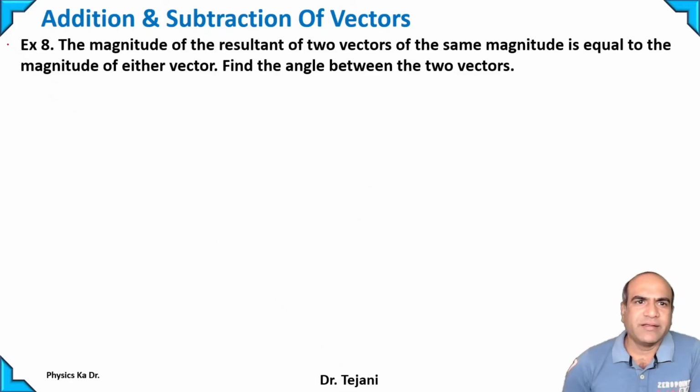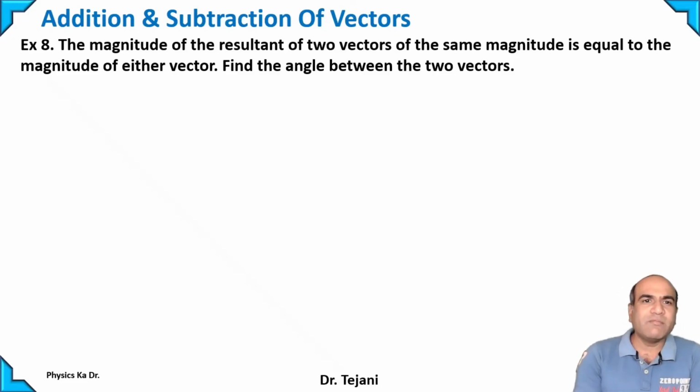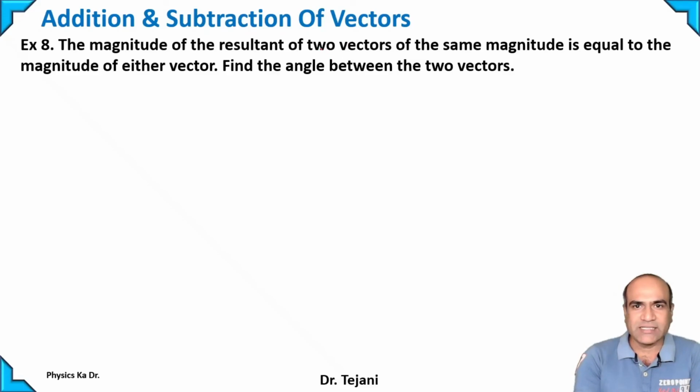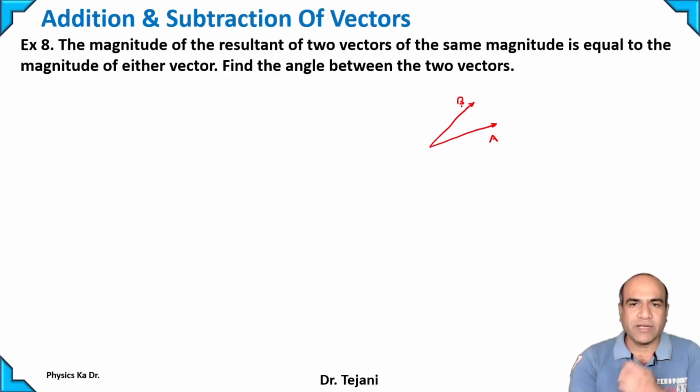Example number 8. What is mentioned here? The magnitude of the resultant of two vectors. So here we consider vector A, vector B. What is mentioned? Both the magnitudes are equal.